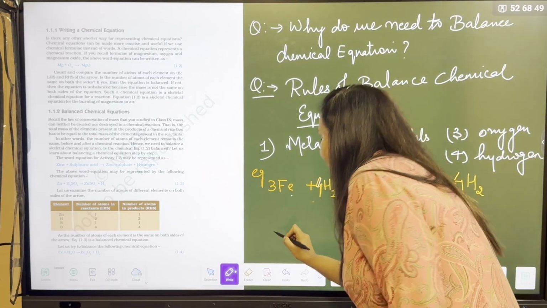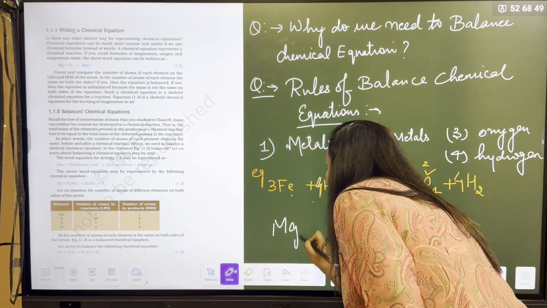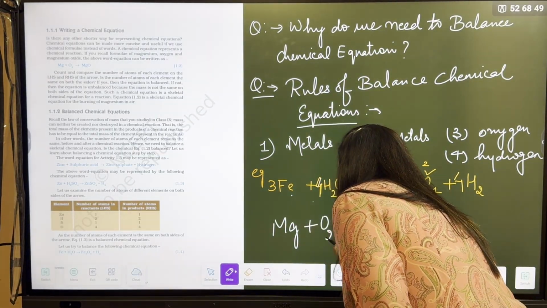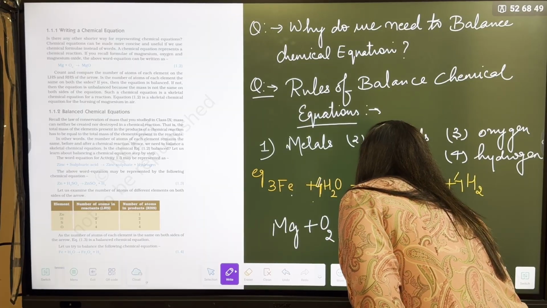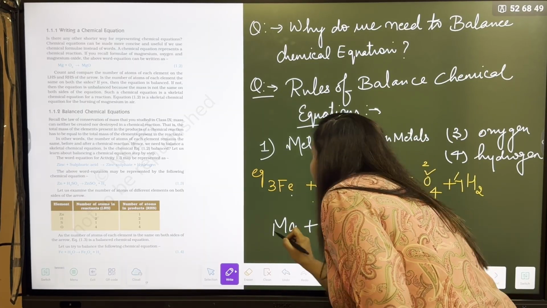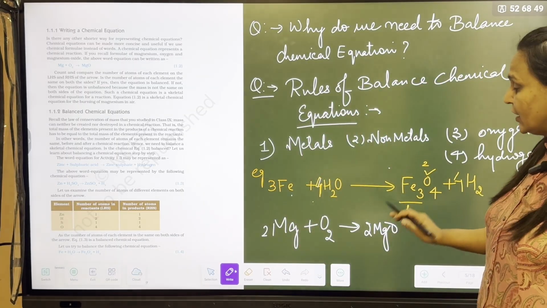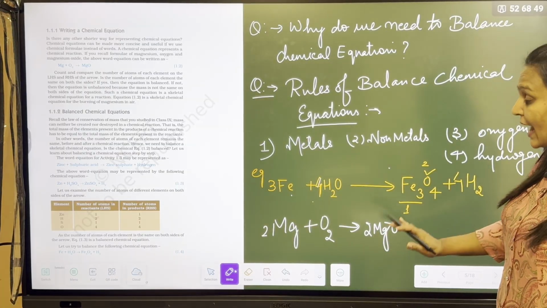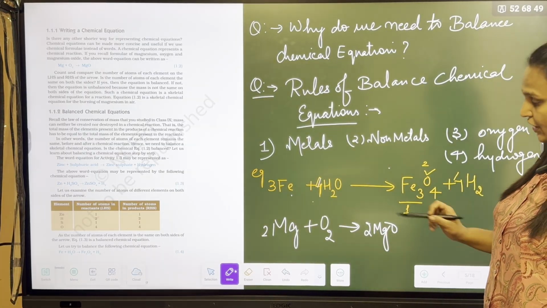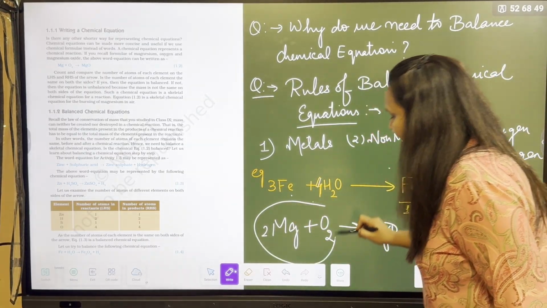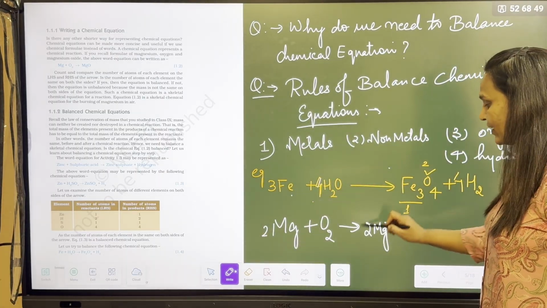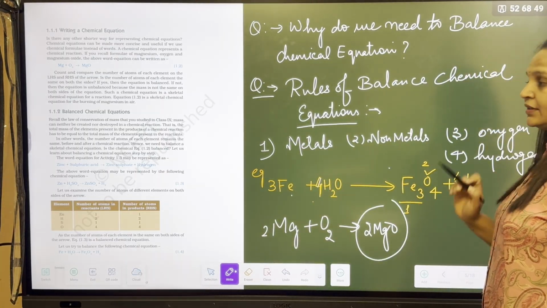Or if I write in symbols, magnesium burns in air, it forms magnesium oxide. When you write any chemical reaction in terms of symbols, that is called the chemical equation. Left side represents the reactants and the right side represents the products.